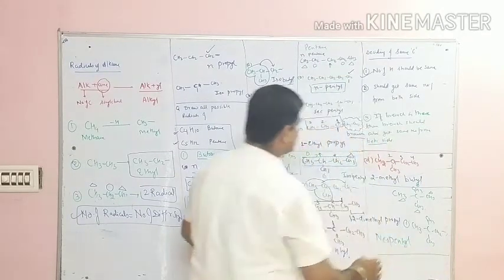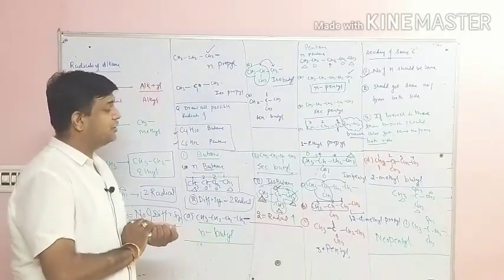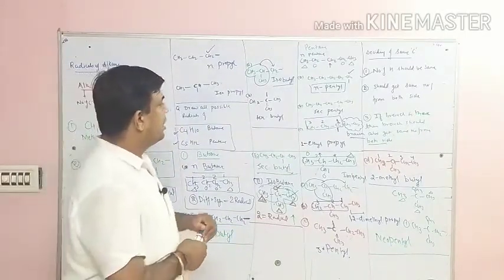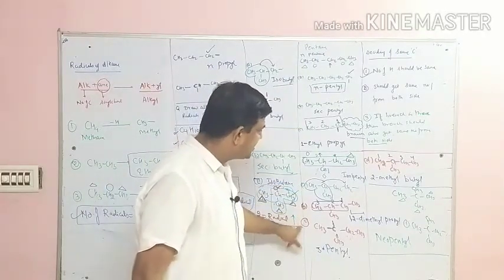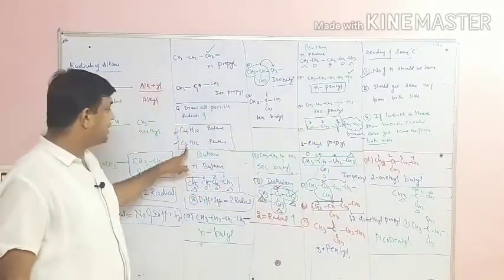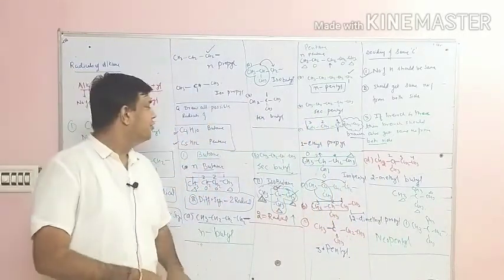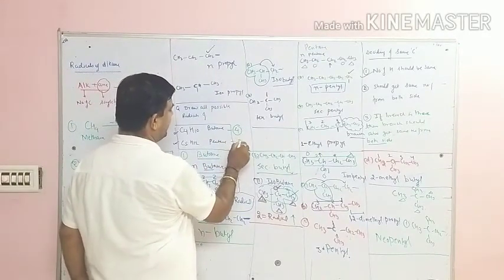So this is the way we can draw the 8 radicals of pentane. How 8? 1, 2, 3, 4, 5, 6, 7, and this is the 8. So C5 draws 8 radicals and C4 draws 4 radicals.